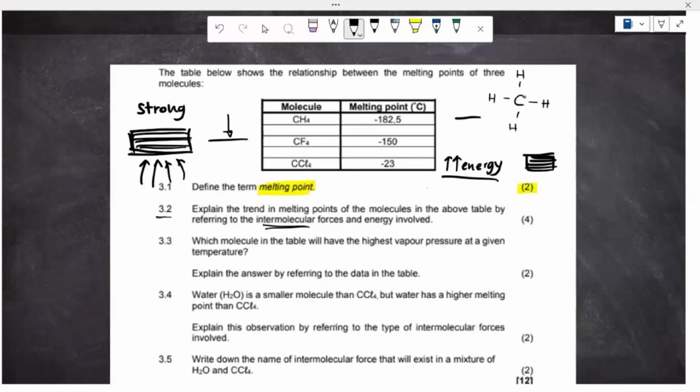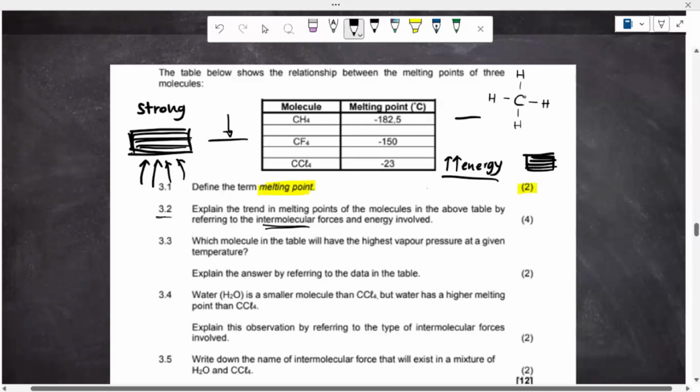Okay, so it would be non-polar. Because there's going to be even distribution of our charges. There's no obvious lone pairs, so we won't have any more negative region.